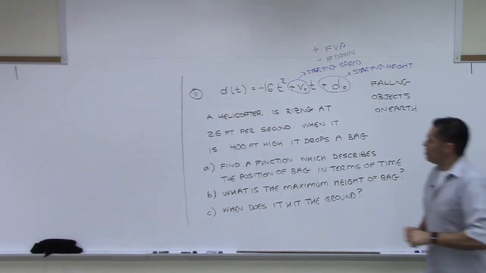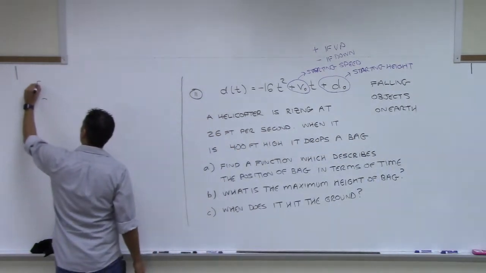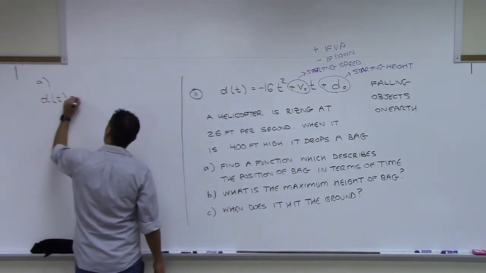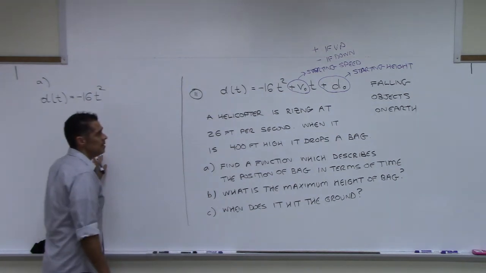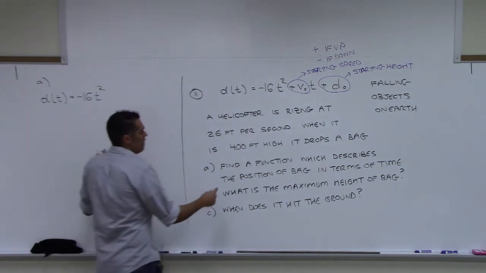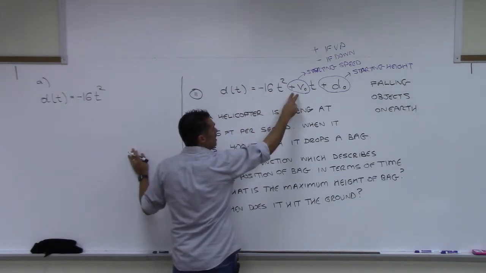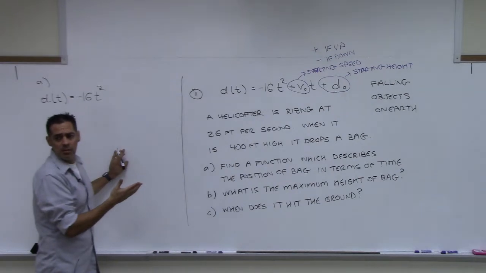Okay, so for us, our formula for part A, d of t, will be negative 16t squared. That will never change. That will always be the same in all these problems. And then plus v naught. Now v naught is the starting speed, positive if up, negative if down. So what's that going to be for us?